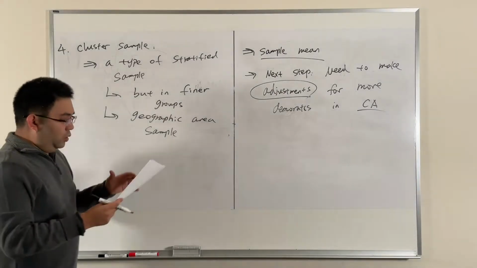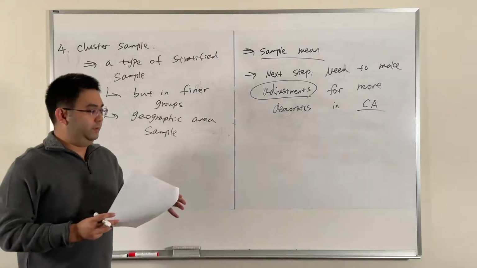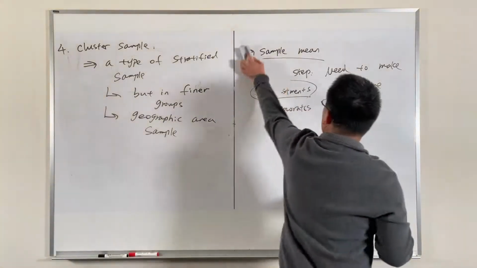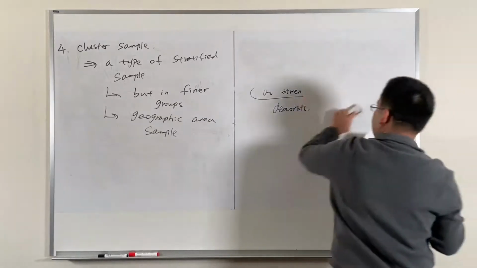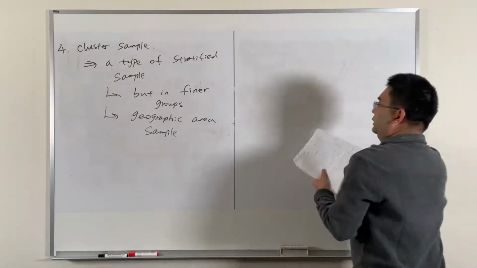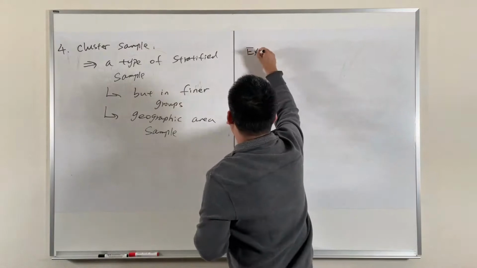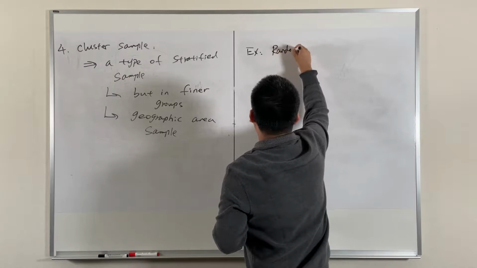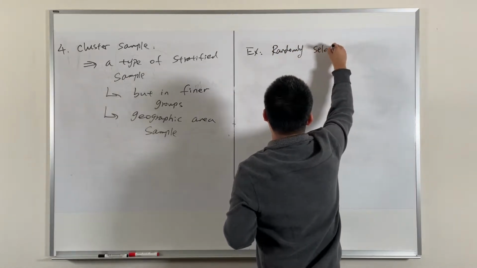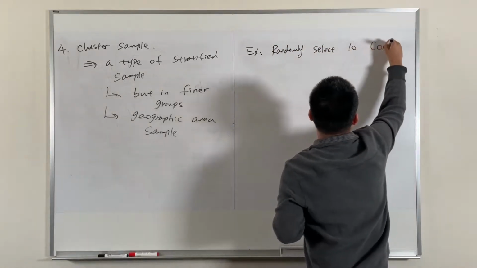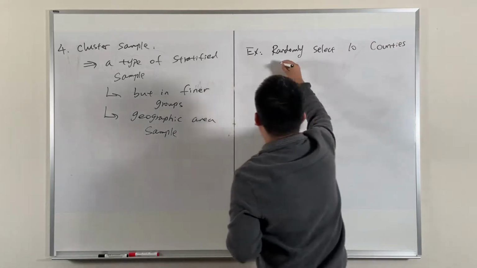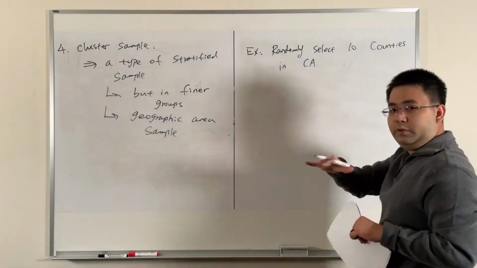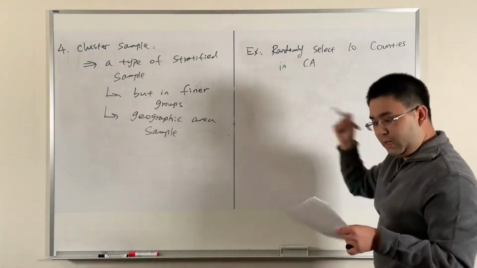We are again interested in California residents' views on e-cigarettes. But now the way we do this, we're going to randomly select 10 counties in California. We divide California into counties and randomly pick 10 of them.